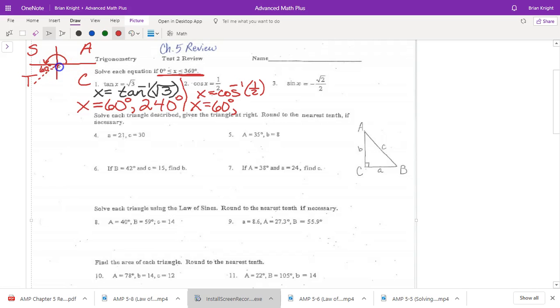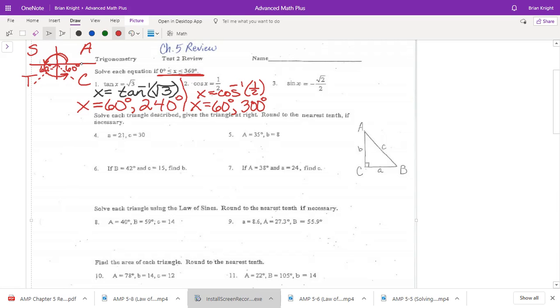Fourth quadrant. What is a 60-degree angle in the fourth quadrant? How far would it be to go all the way around? 300 degrees, because I have 60 more to go to get to 360. Everybody good?